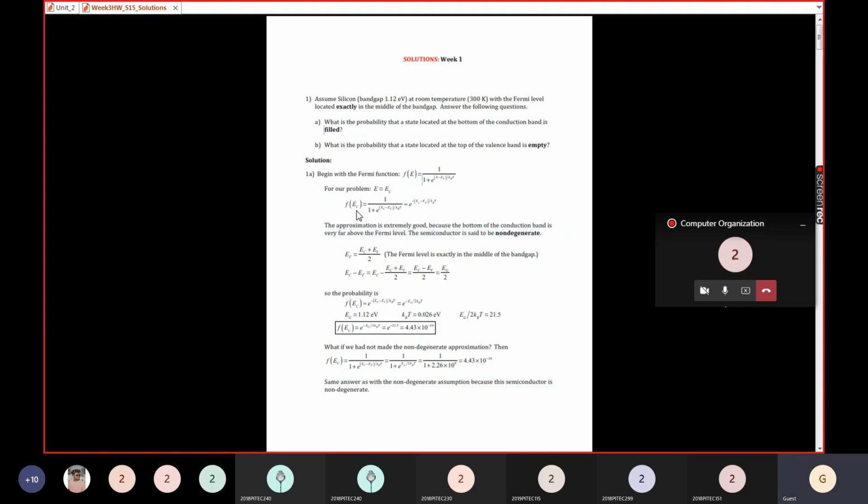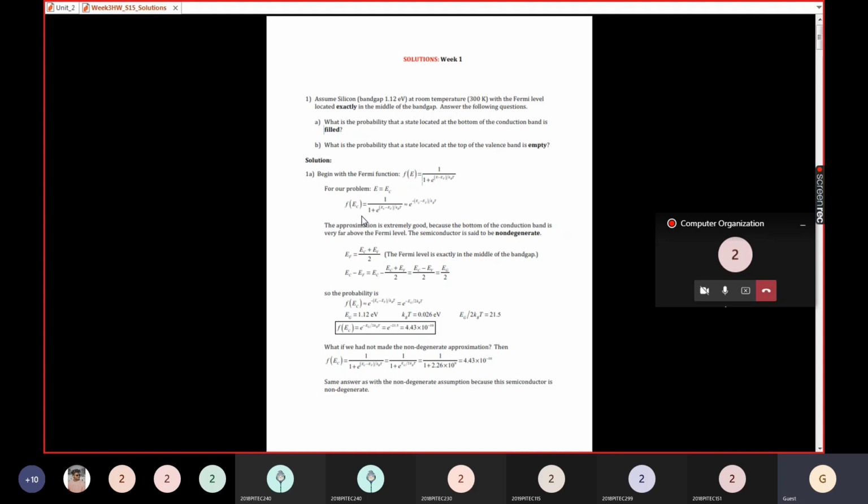You can see that F of EC is equal to 1 divided by 1 plus e power (EC minus EF) divided by KB into T. Now what are you going to do? You are going to separate the numerator and the denominator.